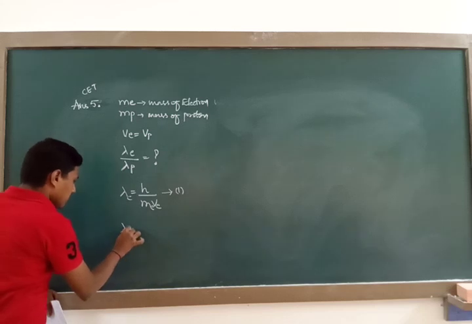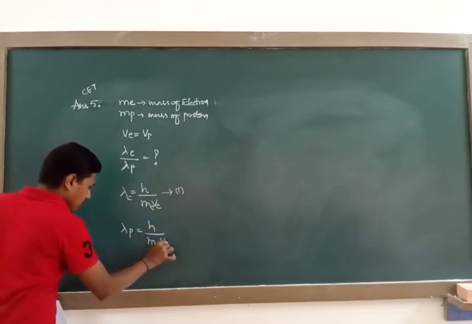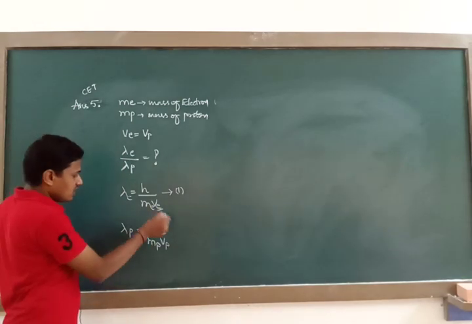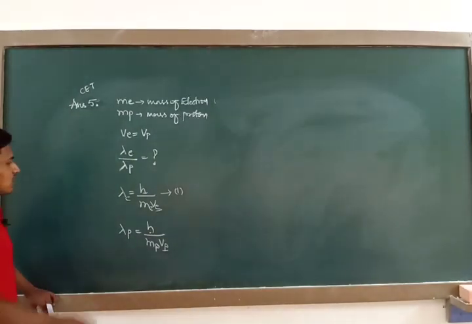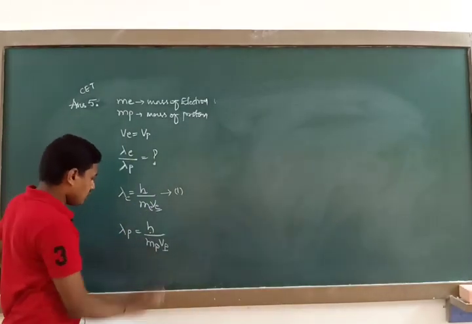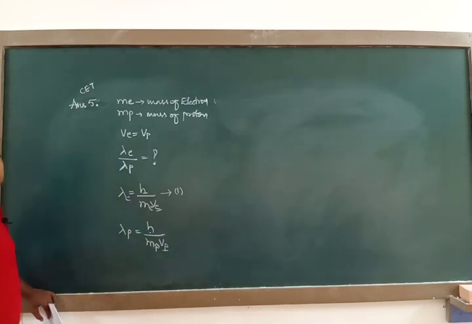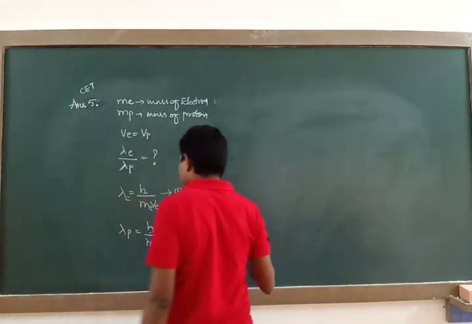Next, lambda p is equal to h divided by mp vp. Here h, as well as ve and vp, are the same. Then what condition are you getting here?